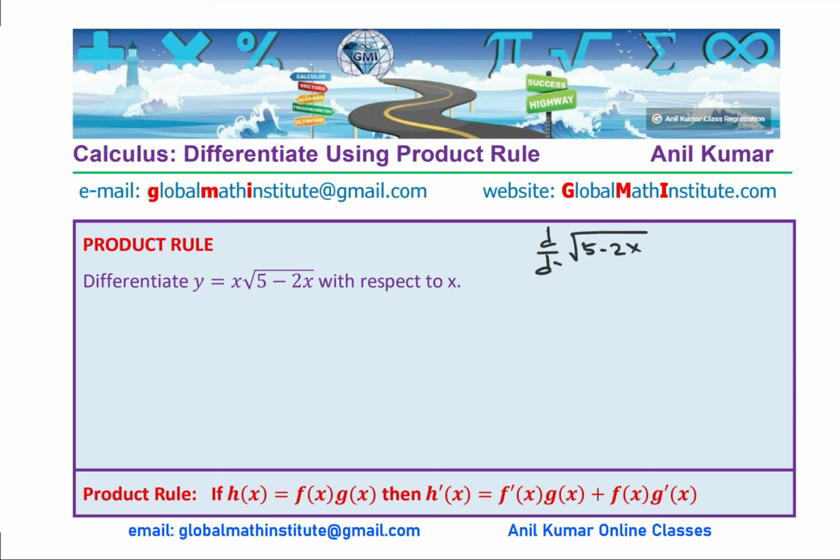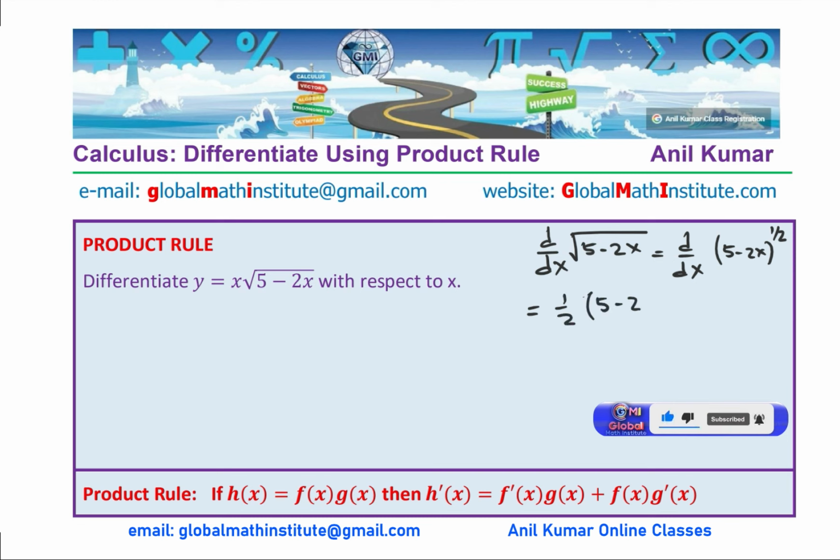So some of you will write this as d dx of 5 minus 2x to the power of half, correct? And that is equal to half times 5 minus 2x to the power of minus half, applying the power rule, half minus 1, times the derivative of minus 2x, which is minus 2. And so 2 and 2 cancel.